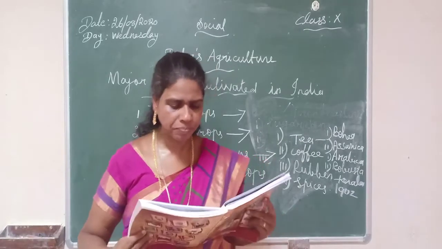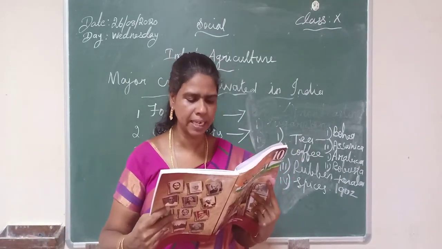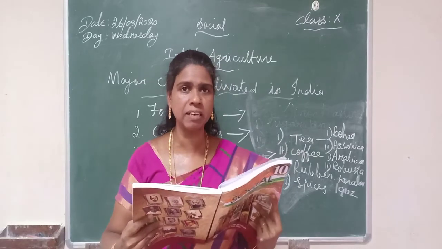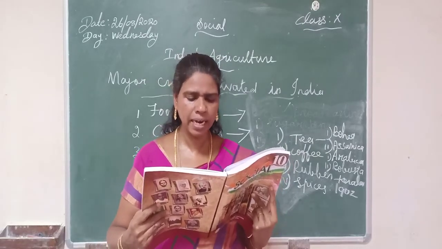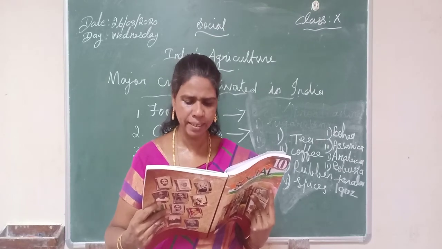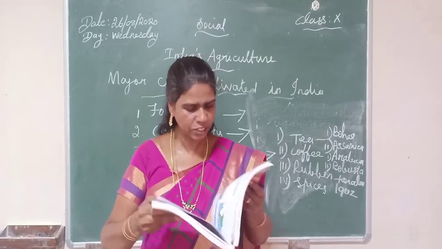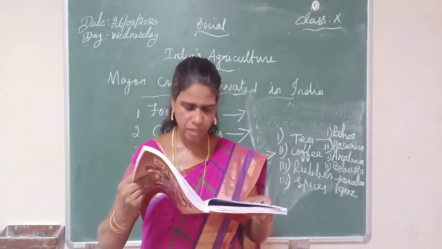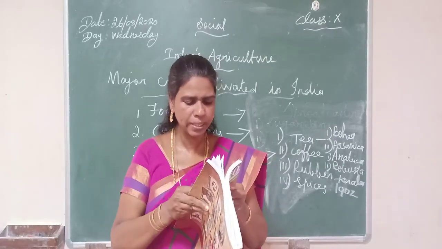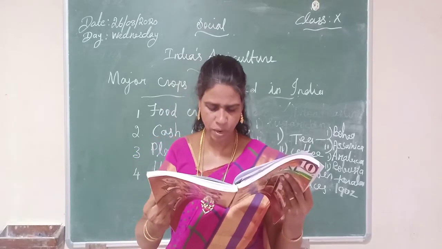Okay, then the detailed question, second question: multi-purpose projects, and write about 2 multi-purpose projects of India. I think you all have the guide. You should refer to the guide. Then the third question, intensive and plantation farming. Now you mark that particular question in the book.